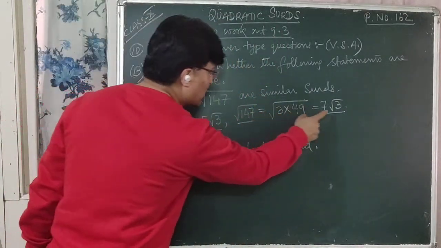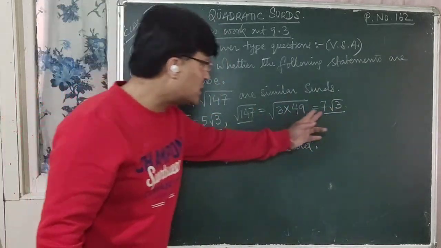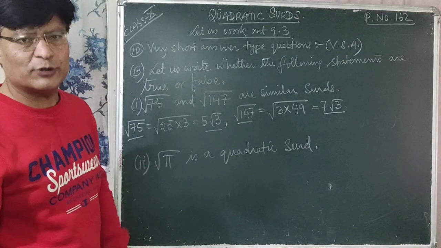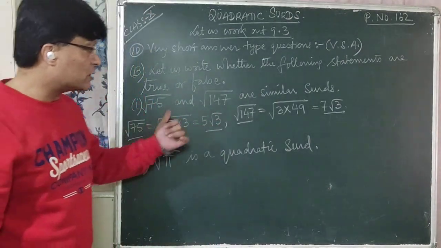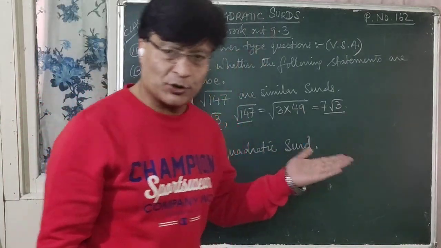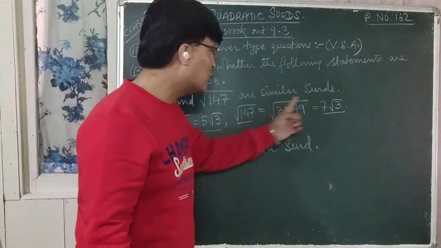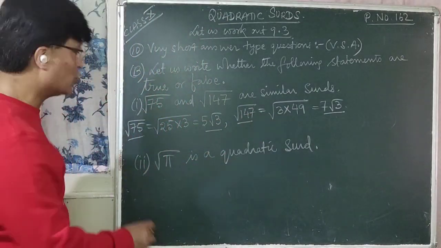Since these two surds, this is root over 3, this is root over 3. But it is 7 root 3, and it is 5 root over 3. That means these are similar surds, isn't it? Because both the terms contain root over 3 as a surd. So these are known as similar surds. That means the given statement is true.